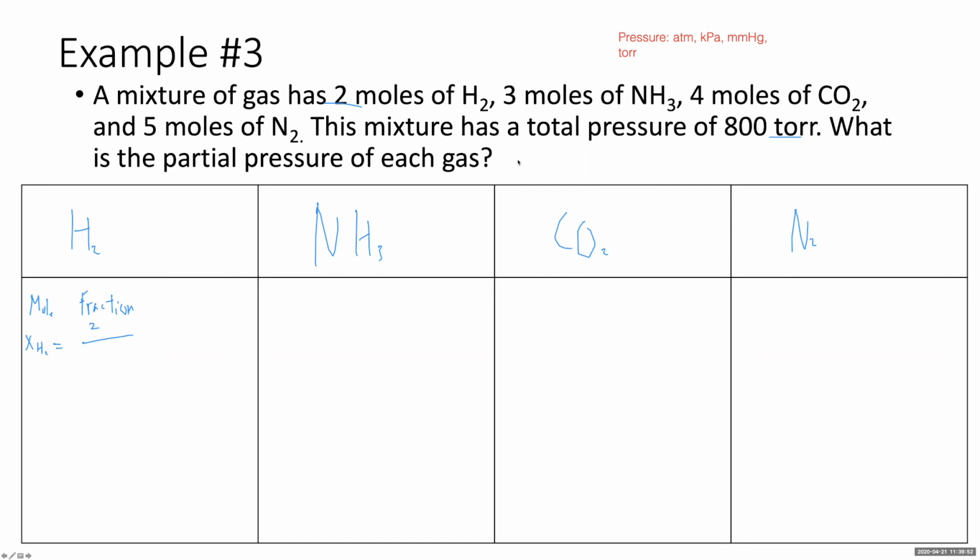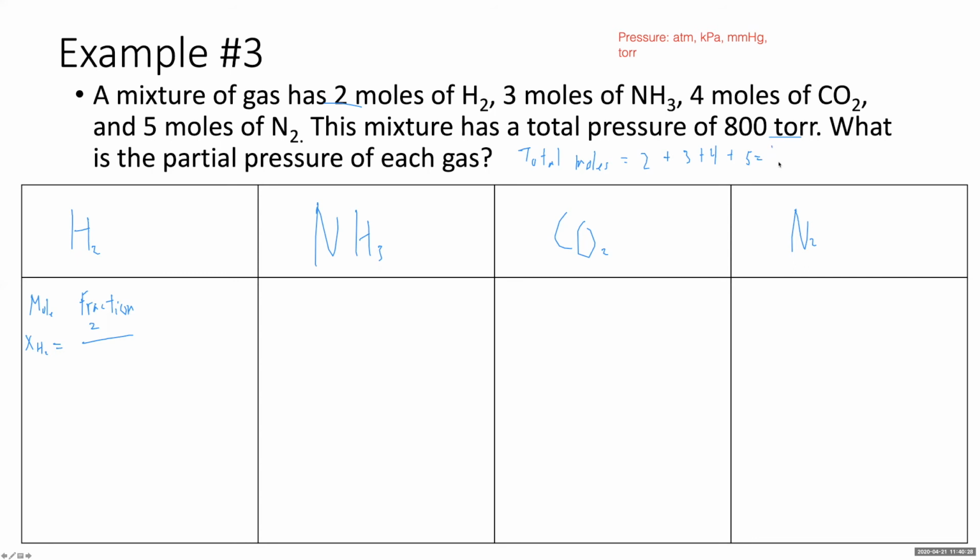Real quick, let's find our total mole. Total mole will equal 2 plus 3 plus 4 plus 5. 4 plus 5 gives you 9. 9 plus 3 gives you 12. 12 plus 2 gives you 14.